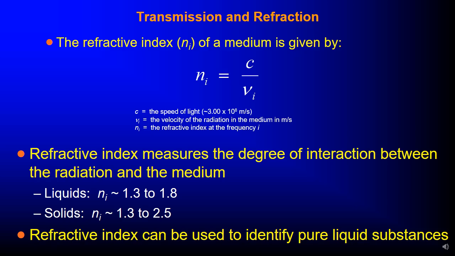For most liquids we have a refractive index going from 1.3 to 1.8, and for solids 1.3 to 2.5. So refractive index can be used to identify pure liquid substances.